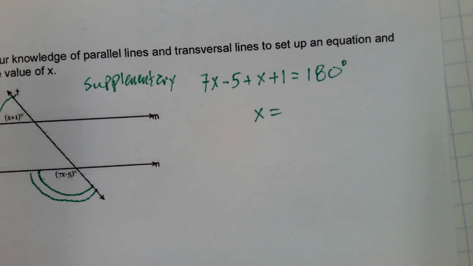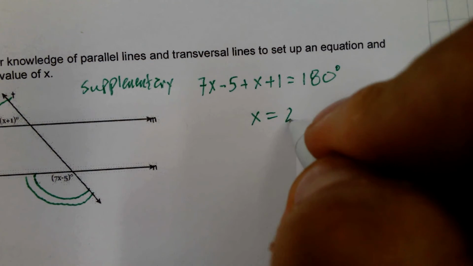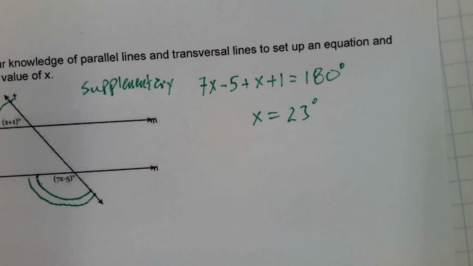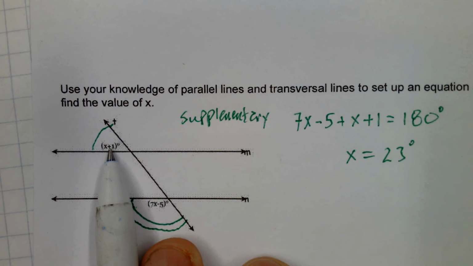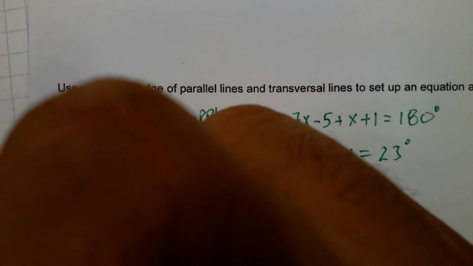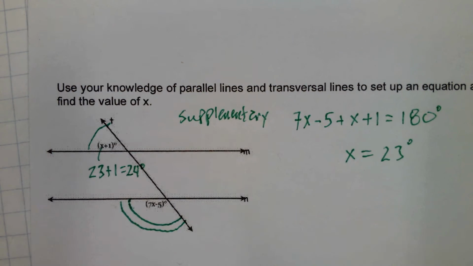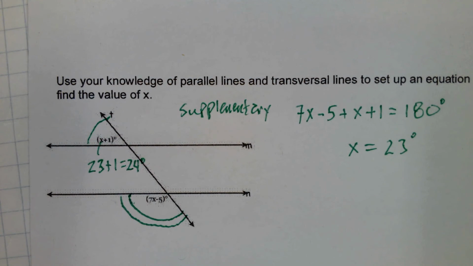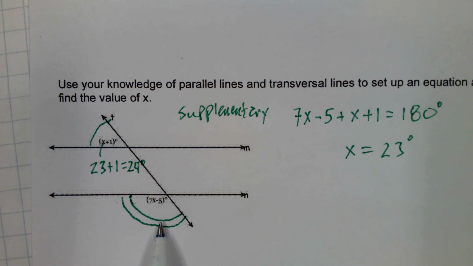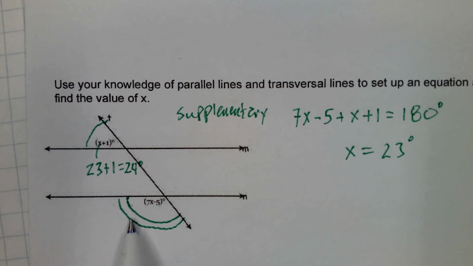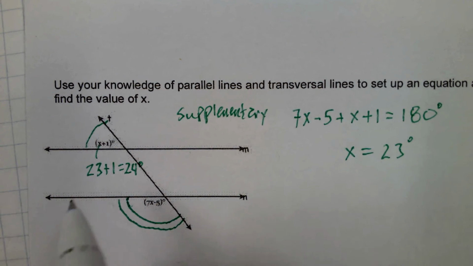We didn't even have to distribute. What's x going to be? 23. Okay. So now, if we needed to, in some cases, they may ask, what's the actual measure of this? Well, it's 23 plus 1, so it's 24 degrees. So if you needed the other angle, you could do 7 times 23 minus 5, or 180 minus 24, in which case you would get 156.